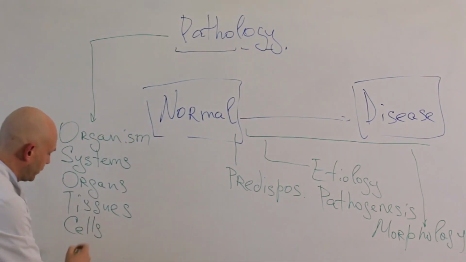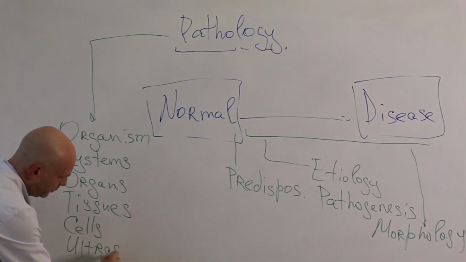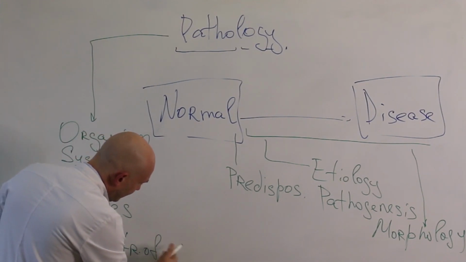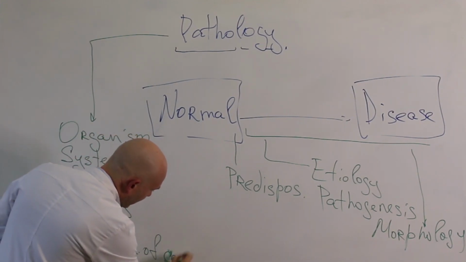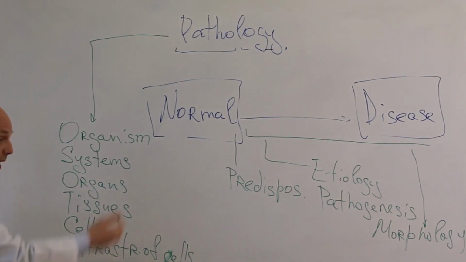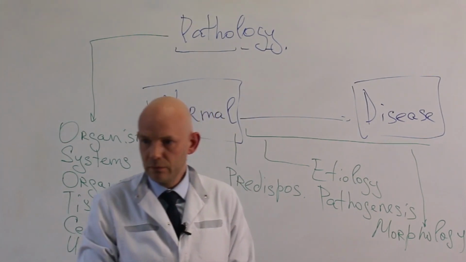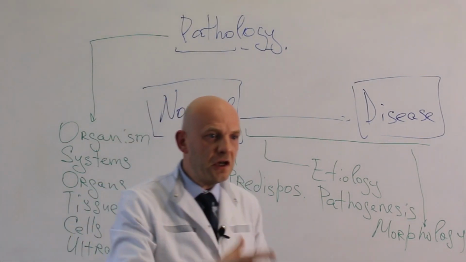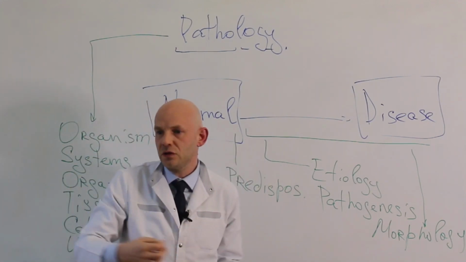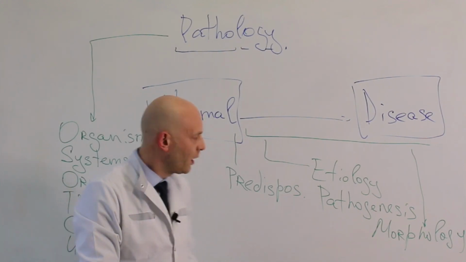So the ultrastructures of cells, or the subcellular level. We may also go deeper to the molecular level, to the DNA molecules, the RNA molecules, the proteins, the processes of transcription, and so on.